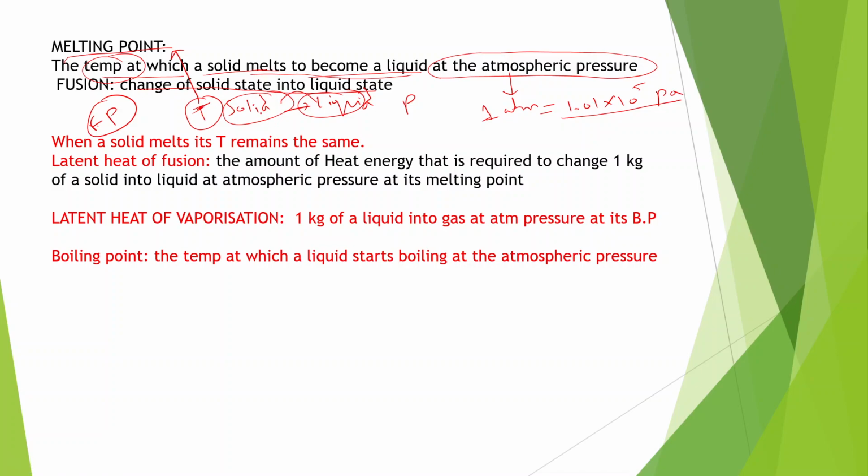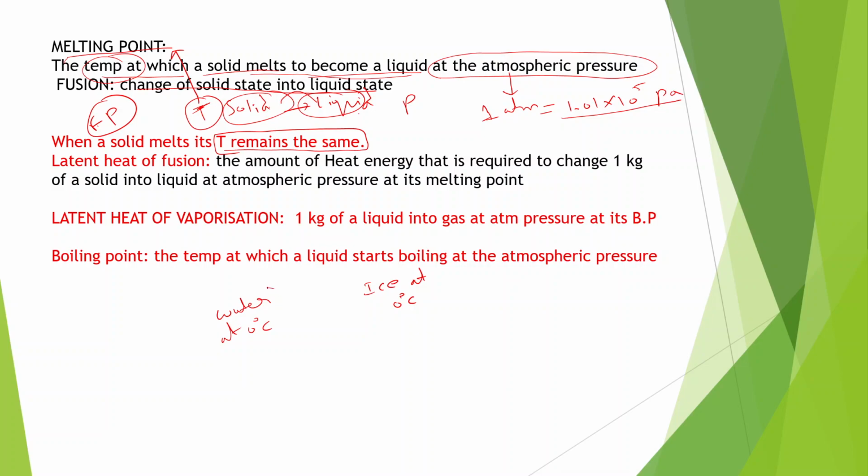So here is the basic question. When a solid melts, its temperature remains the same. So this solid is changing to liquid, but the temperature is constant. Temperature remains the same means temperature is constant. So let me explain. Suppose this is water at 0 degrees Celsius, and this is ice at 0 degrees Celsius.